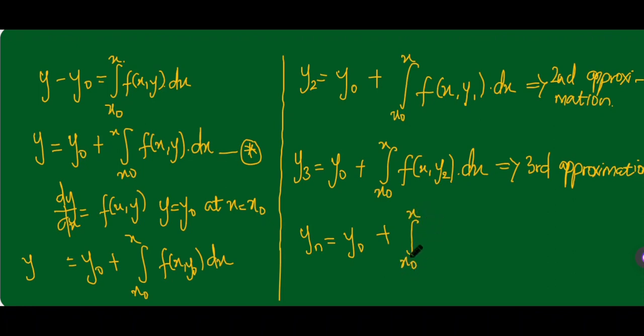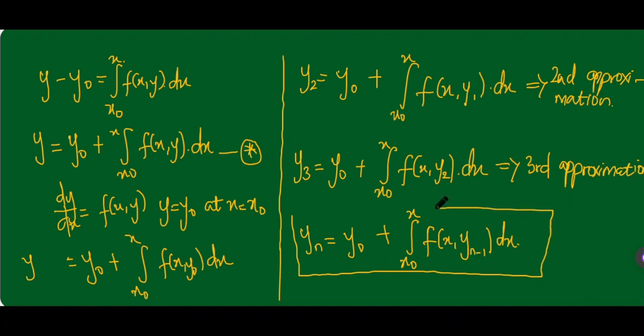X naught is the initial value of x and y naught is the initial value of y. So this is the general form to getting our nth approximation.